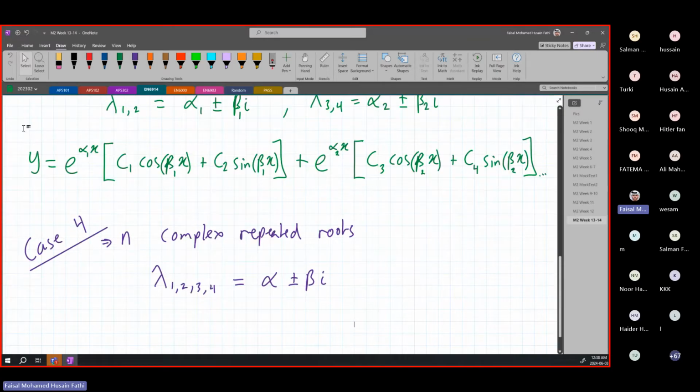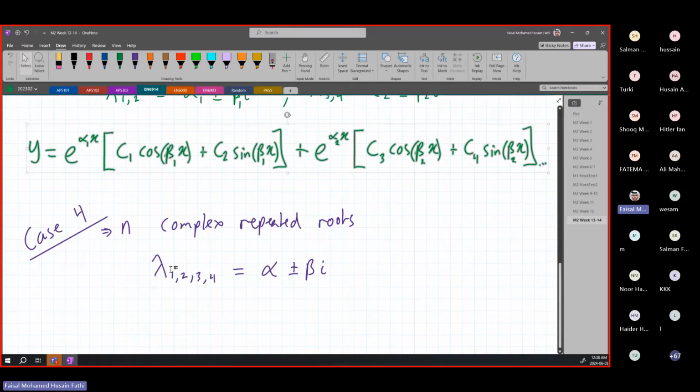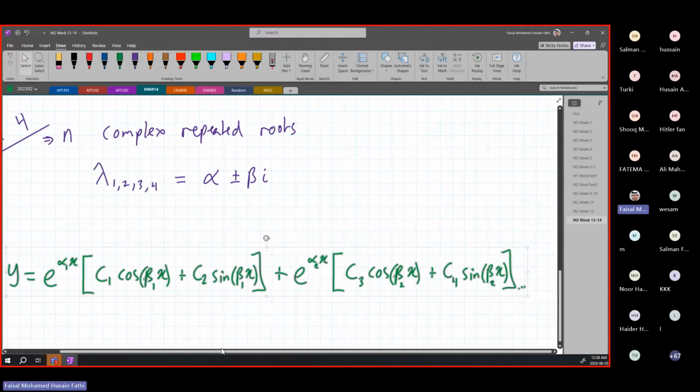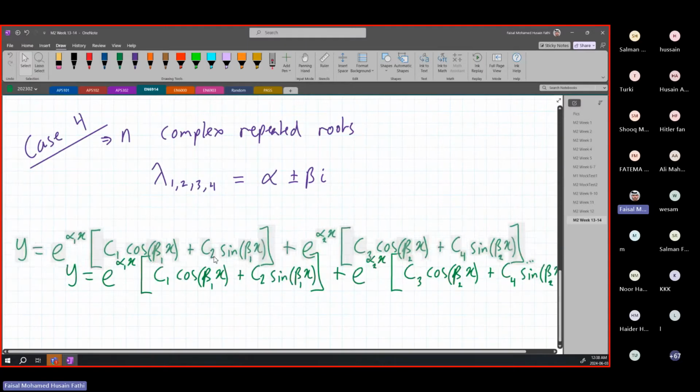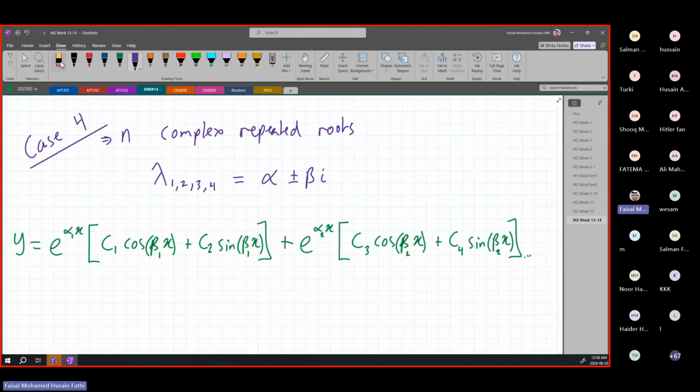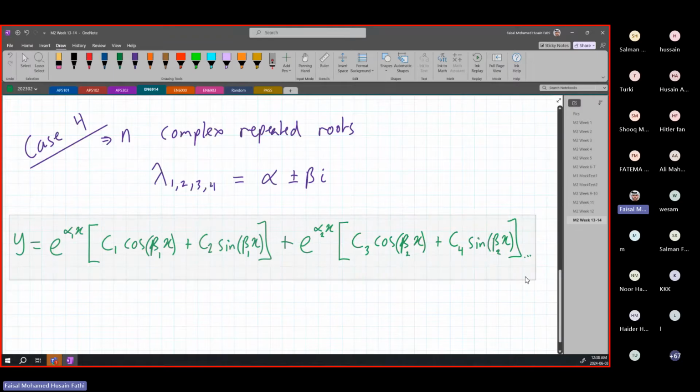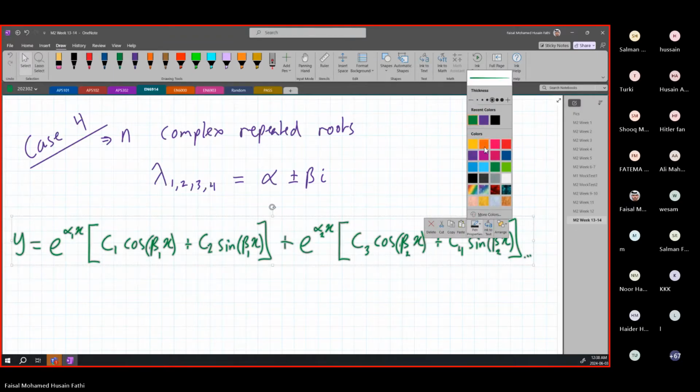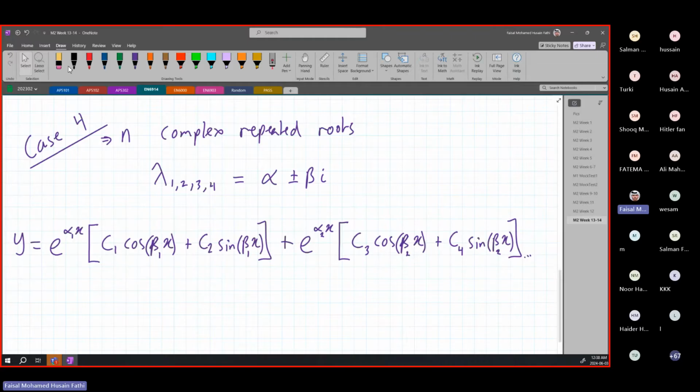You will have the exact same equation as we had earlier, with one minor difference being that now they're all alpha and beta. We don't have any alpha 1s or beta 1s. Let me change the color so that there's no confusion.